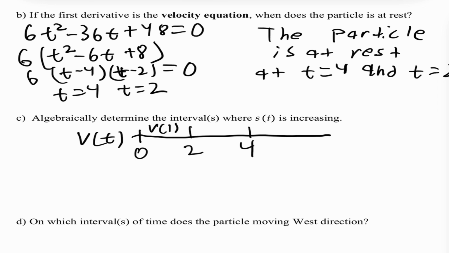We could plug in 1 here, which will give us positive. Plug in 3 between these intervals, that will give us negative. Plug in 5, that will get us positive.